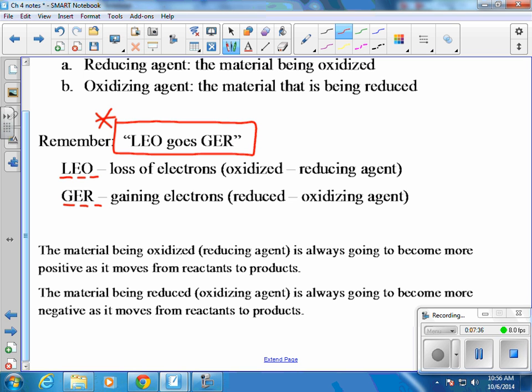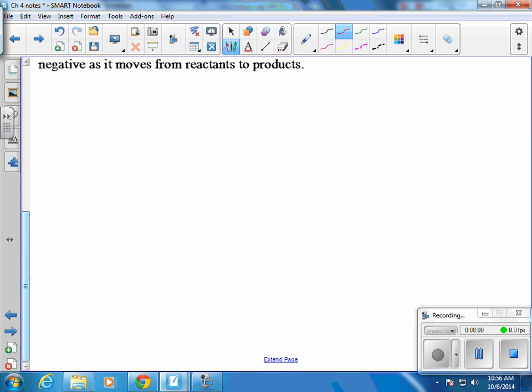Can you kind of think of it like a piece of metal? Think of a nice, clean piece of metal. If it's being reduced, something that's not as big as it was before, how is that happening? Electrons are going away. That's oxidation. And then reduction is just going to be the opposite. We really need to make sure that we understand Leo goes grr. When we do our redox in acid and redox in base, you have to remember those two.